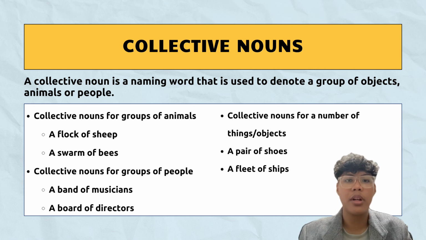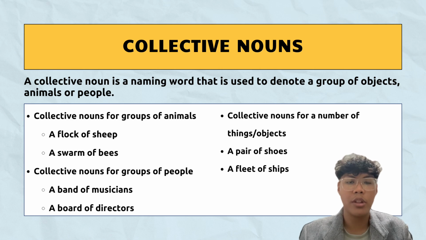And if you want to describe a group of objects or things, you can say, I have a pair of shoes. Or maybe if you go to the ocean and you see a lot of ships, you can say, I saw a fleet of ships.